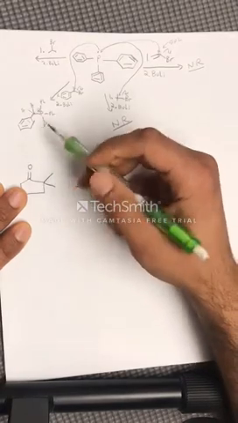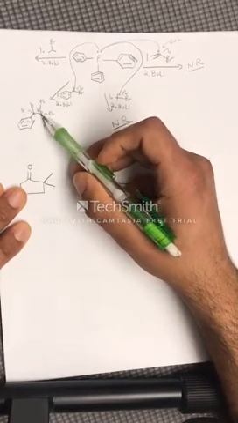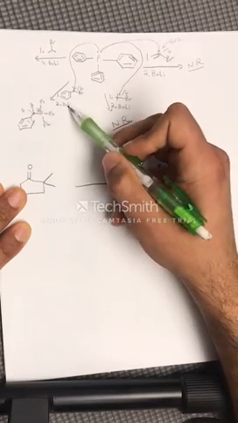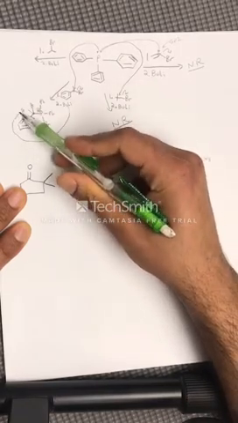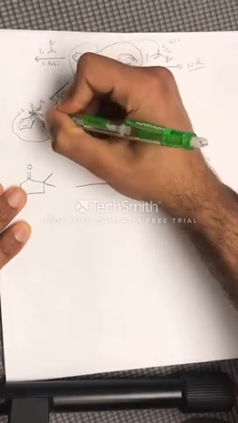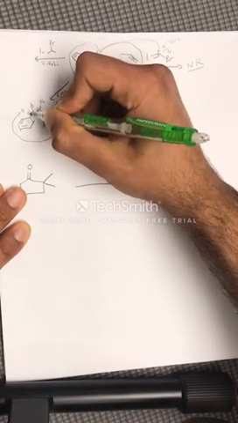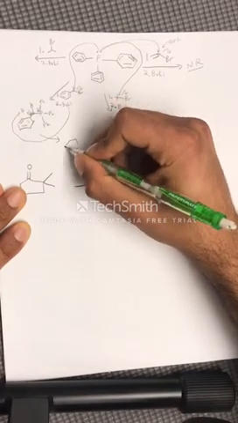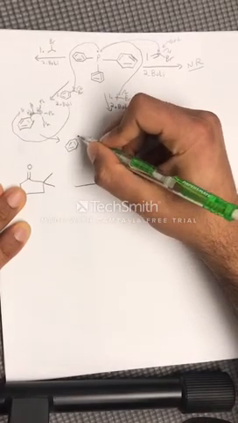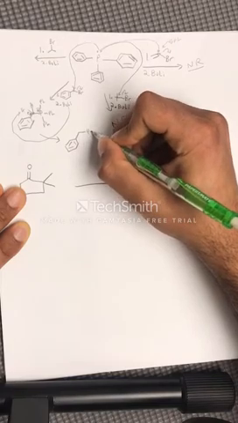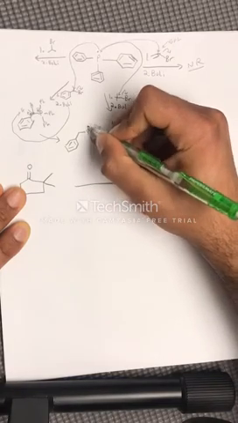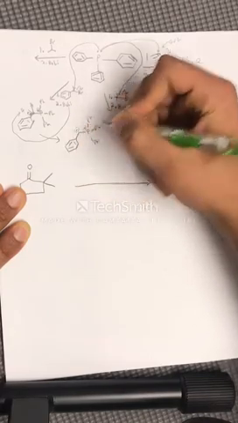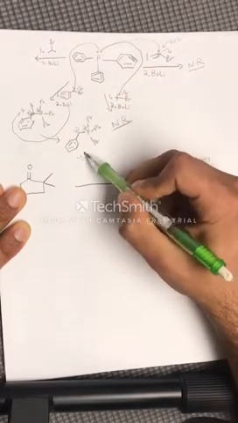The acidic proton is found on the carbon that's attached to the phosphorus. This carbon has 2 acidic protons, so the base will extract one and put the electrons back onto this carbon here, and you get this.